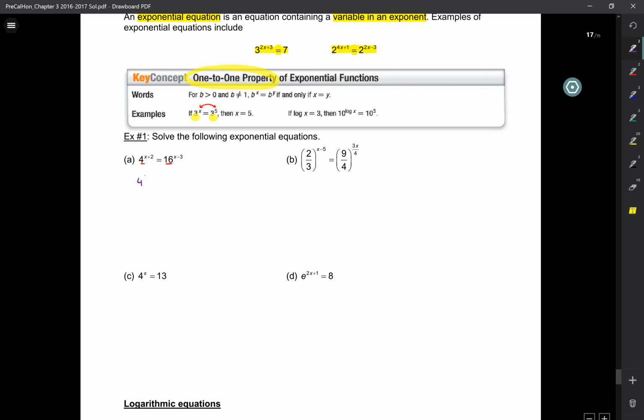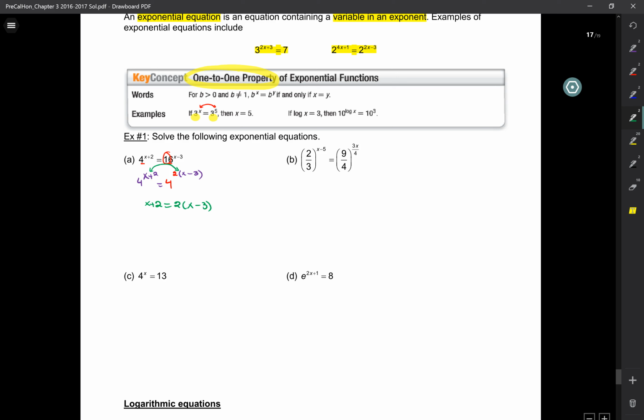Well, it turns out that 16 is actually a power of 4, right? 16 is actually 4 to the power of 2. So I rewrite my 16 as 4 to the power of 2 times x minus 3. Now that my two bases are the same, all I have to do is simply set my exponents equal to each other.